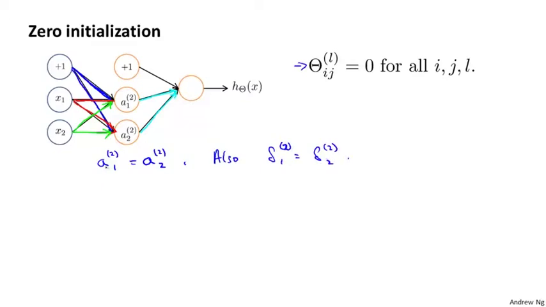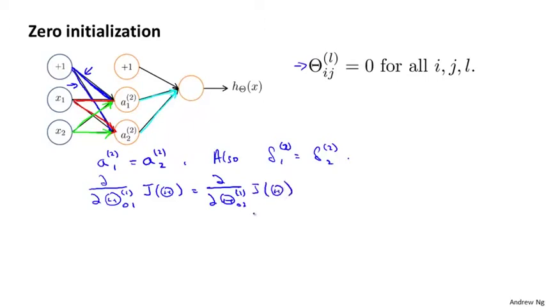And if you work through the math further, what you can show is that the partial derivatives with respect to your parameters will satisfy the following. Writing out the derivatives with respect to these two blue weights in your network, you find that these two partial derivatives are going to be equal to each other.